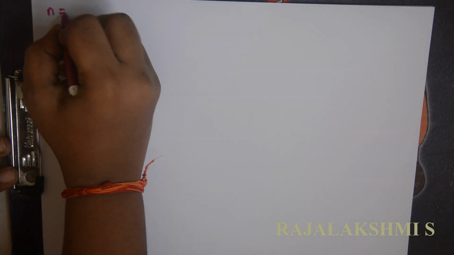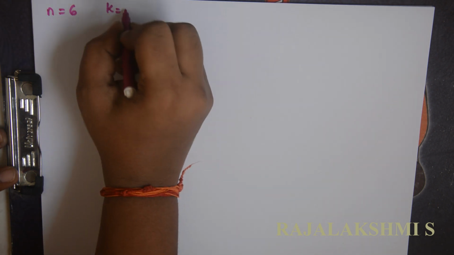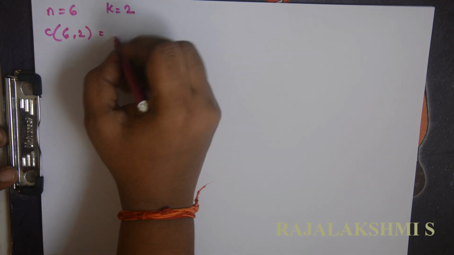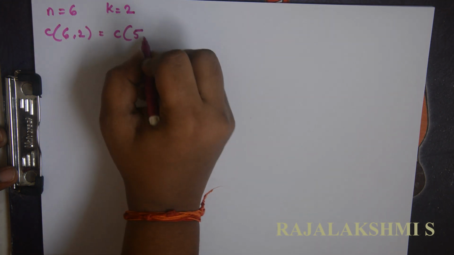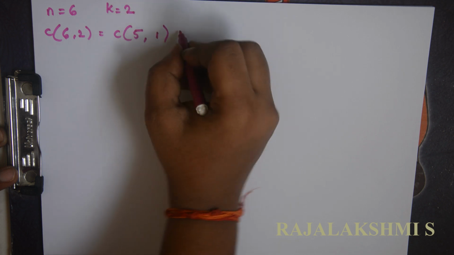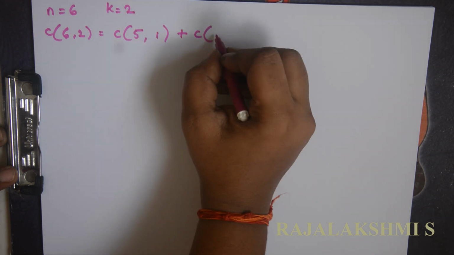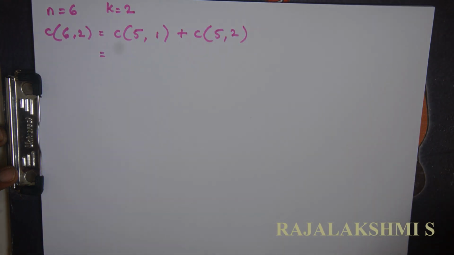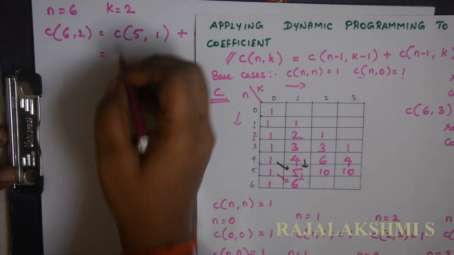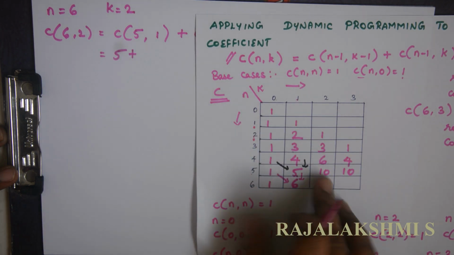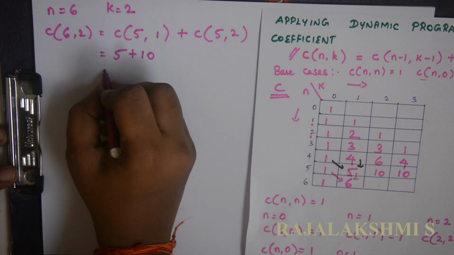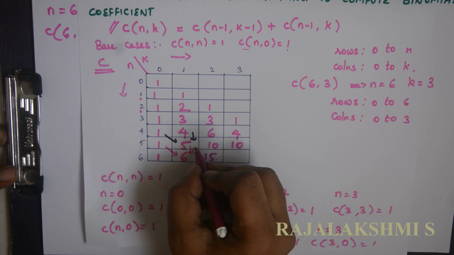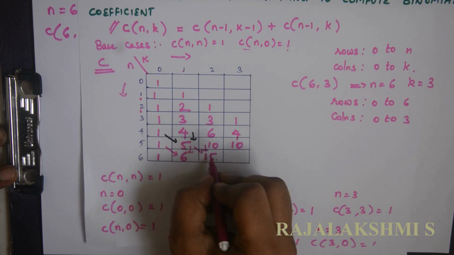When n is equal to 6 and k is equal to 2, C of 6 comma 2 is equal to C of 6 minus 1, that is 5, comma 2 minus 1, which is 1, plus C of 5, comma k is 2. So C of 5 comma 1, which is 5, plus C of 5 comma 2, which is 10. So that is equivalent to 15. Yes, so we can verify also. If we want this cell we should add this one and this one, so 10 plus 5 is 15.